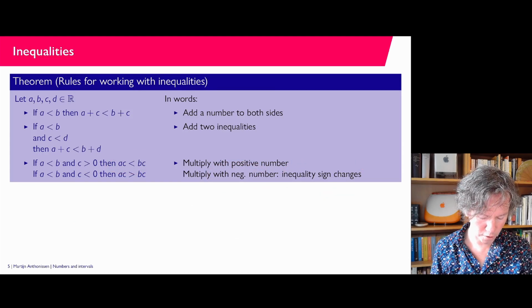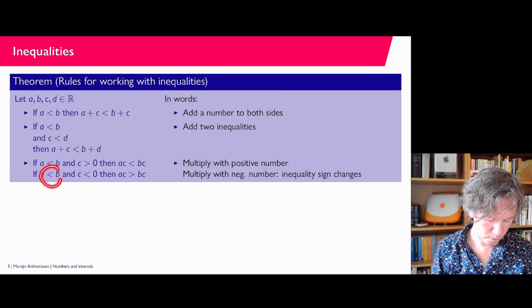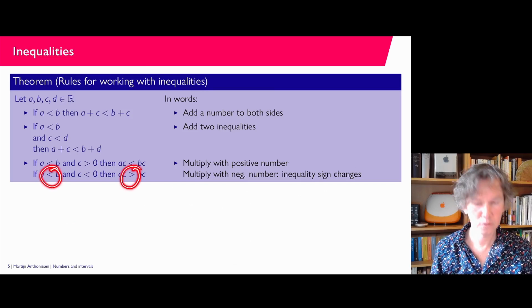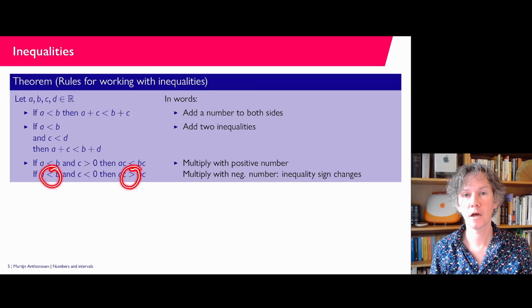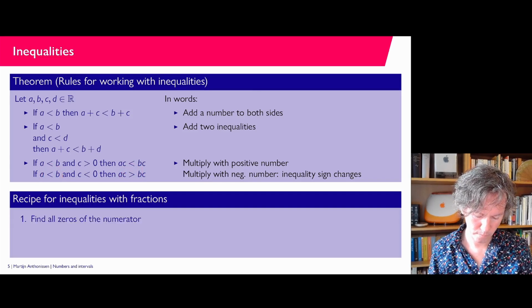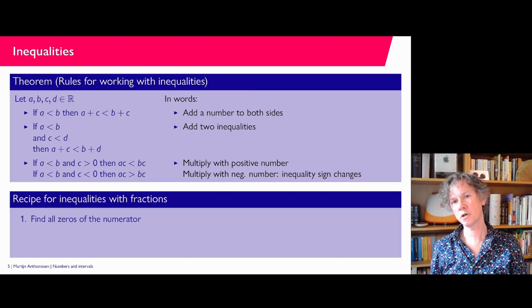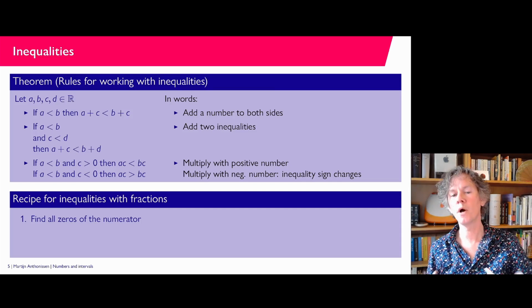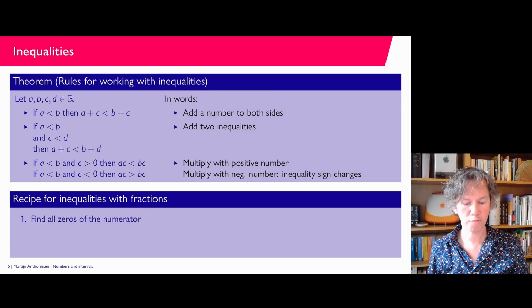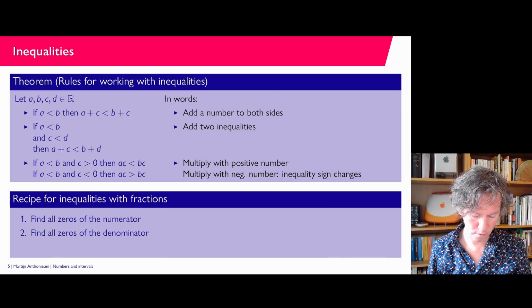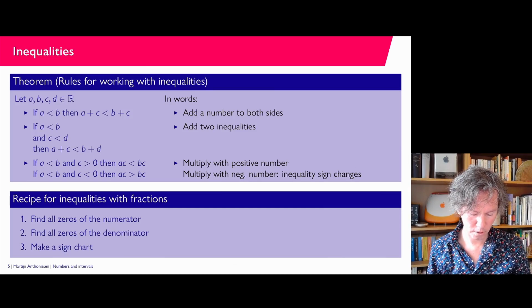So we go here from less to bigger. And we already used that. Then we have also seen if you have inequalities with fractions there. So for instance, x plus 3 over x minus 2. The way to go is to find the zeros of the numerator, of the denominator, and then make a sign chart.